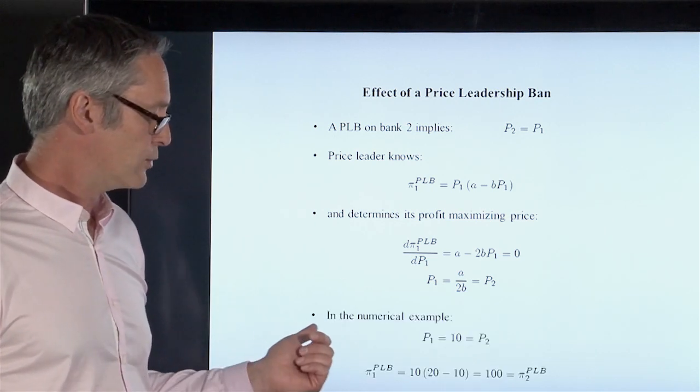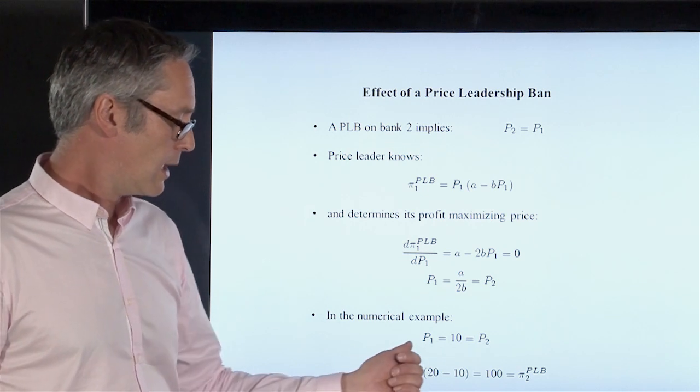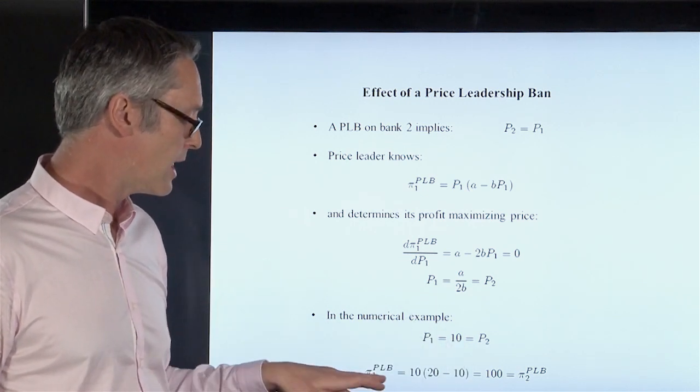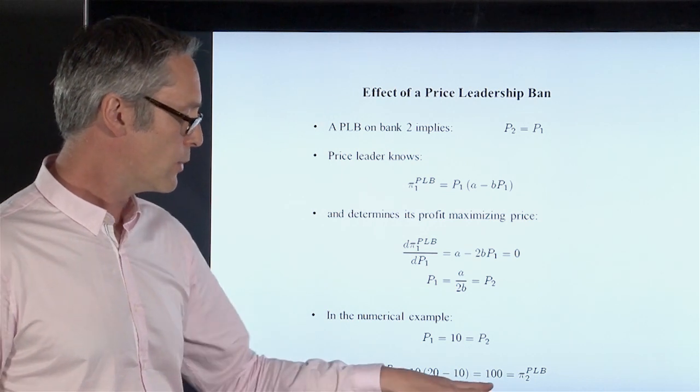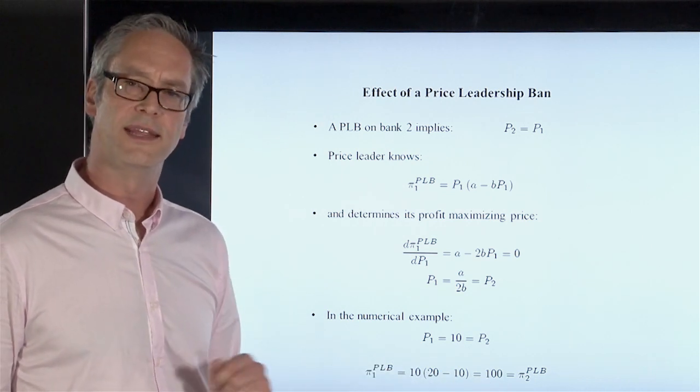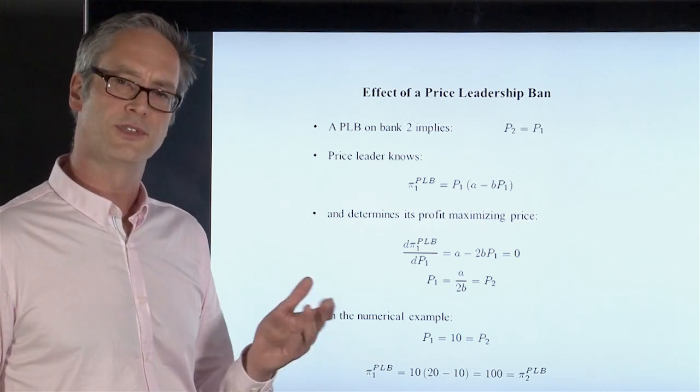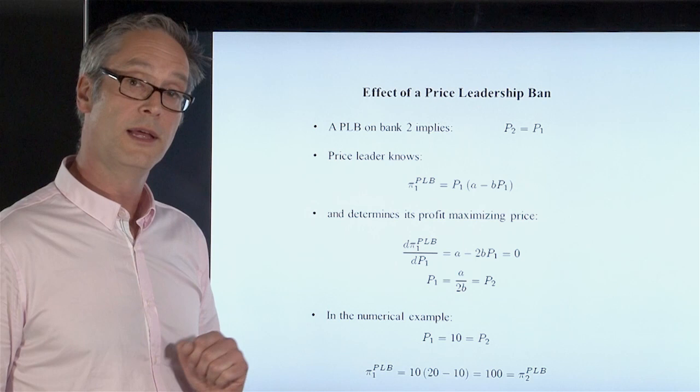And in fact, if you take the numerical example, the prices are going to be 10, where they used to be in the 8 area, and the profits are going to be 100, where they used to be in the 96 area. So the prices are going up and the profits are going to be at monopoly level, actually.